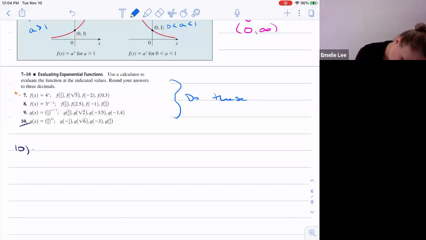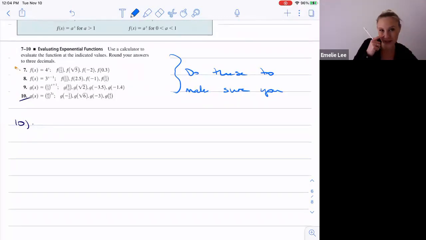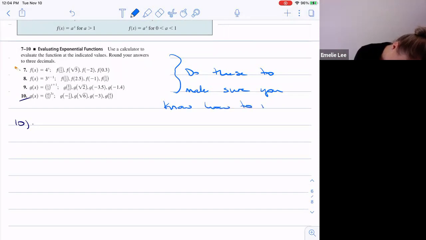I know that sounds silly, but you just want to make sure that you know how to use your calculator correctly. So we're just going to do a few here.